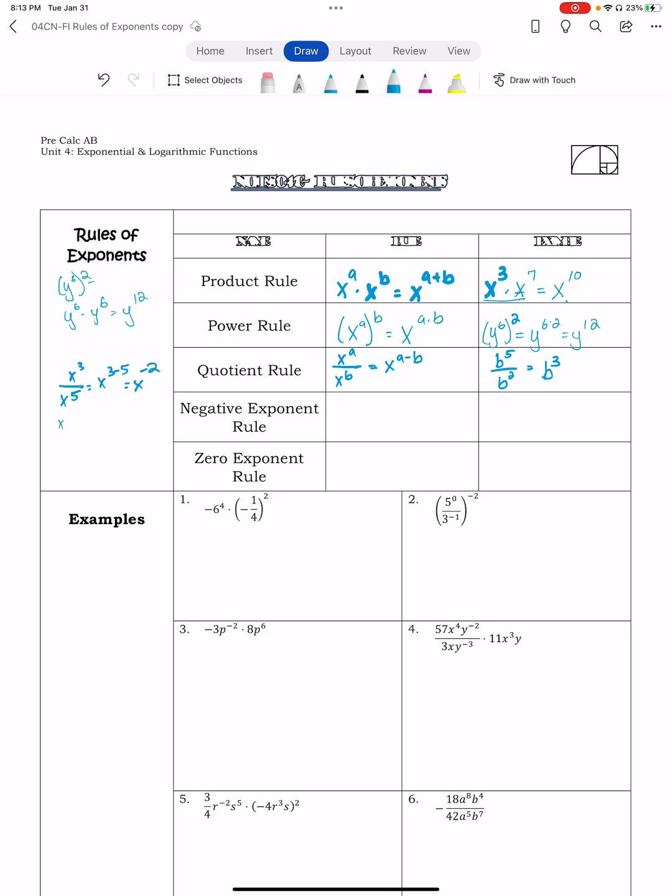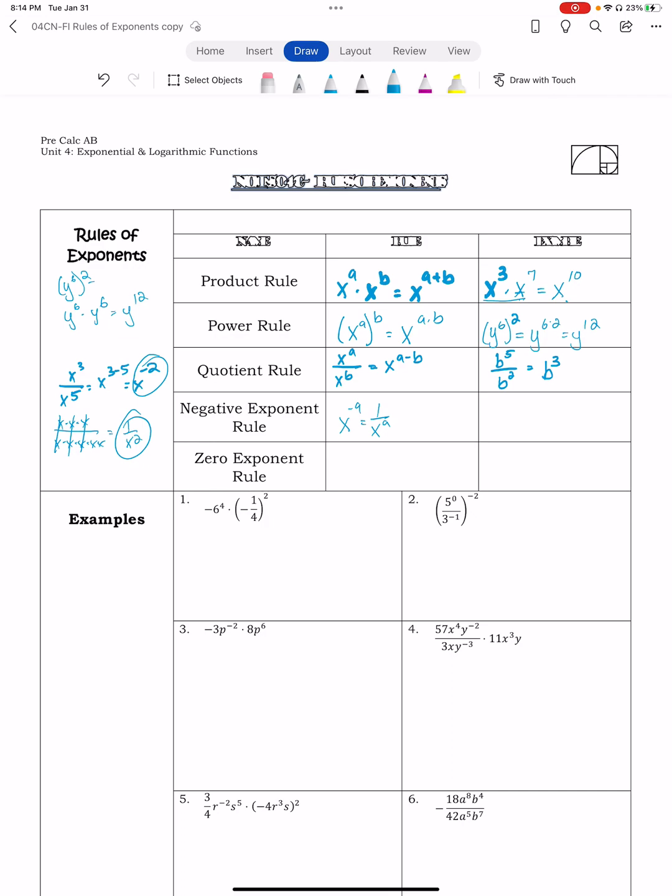I also know x to the 3rd looks like this, x to the 5th looks like this. These divide out, and this is also 1 over x squared. So these two must be equivalent expressions. So if I have x to the negative a power, that is 1 over x to the a power. Okay.